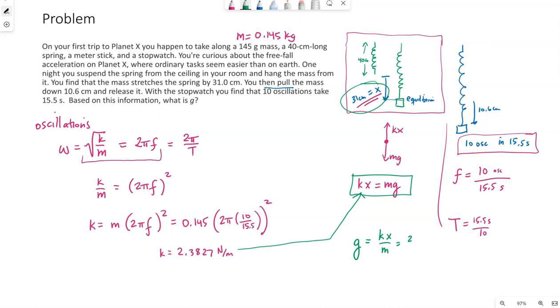So the 31 centimeters. It's still the same mass. All right, so 5.09.